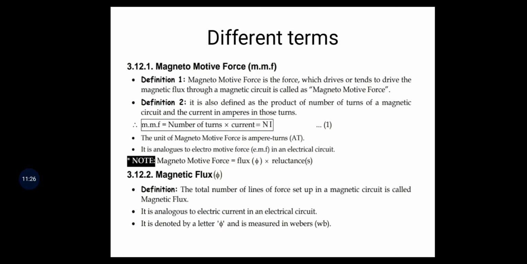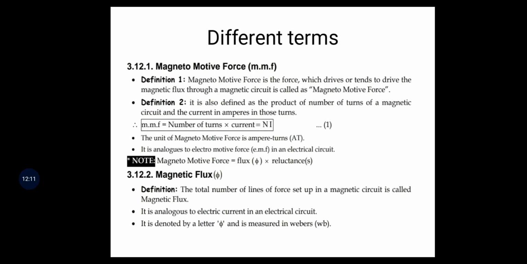Here magnetomotive force MMF is equal to number of turns into current, that is N into I. Here N equals number of turns, I equals current.